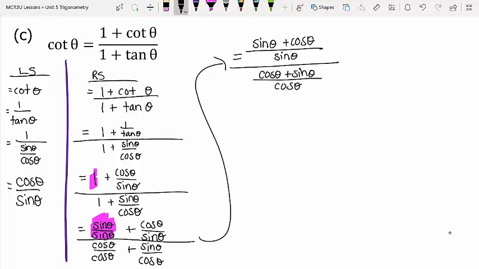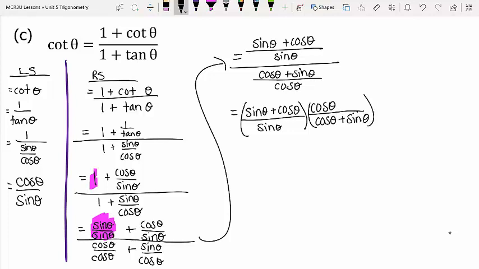Okay, now to divide two fractions, it's the same as multiplying by the reciprocal. And then we can cancel these guys out, and we're left with cos theta over sine theta.